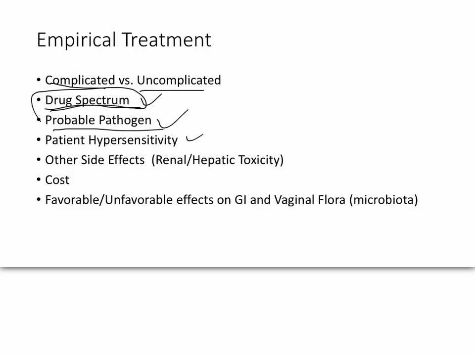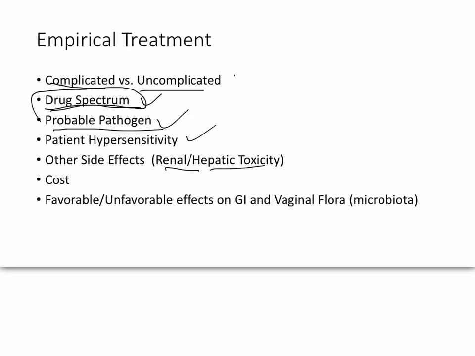Of course, does the patient have any known drug allergies? The other thing is you want to consider renal and hepatotoxicity, so other side effects, especially in those who have a complicated presentation. Now, the cost of medicine changes from one region to the next, from one state to the next, from one town to the next.